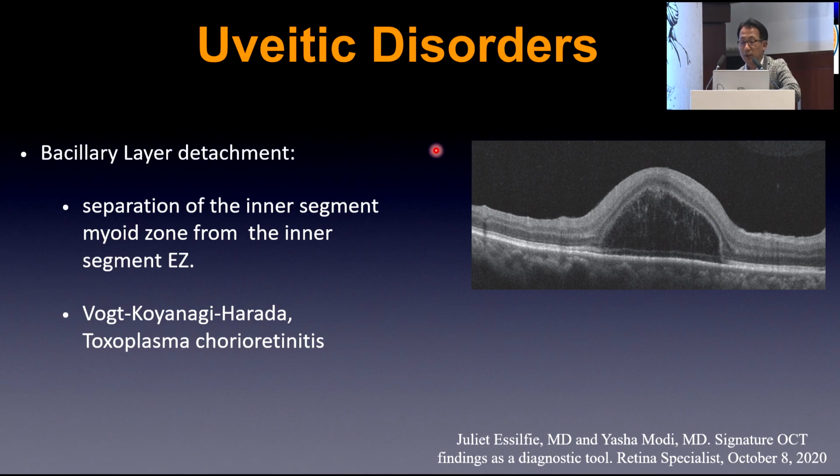Some of the OCT biomarkers in uveitic disorders are the bacillary layer detachment. Here you can see in these OCT pictures the separation of the myoid zone from the inner segment, which is usually seen in Vogt-Koyanagi-Harada or toxoplasma chorioretinitis.